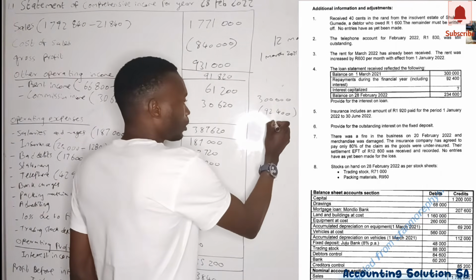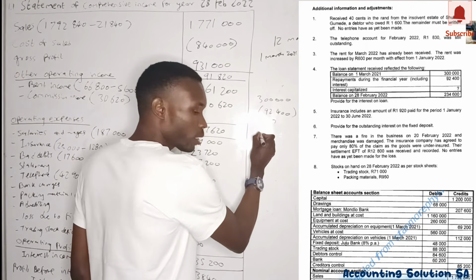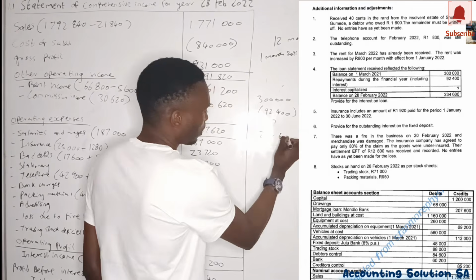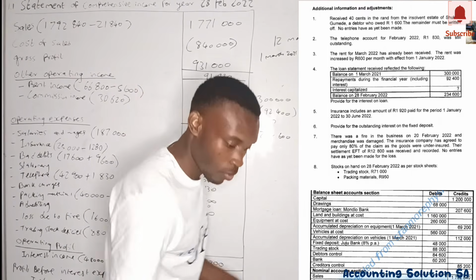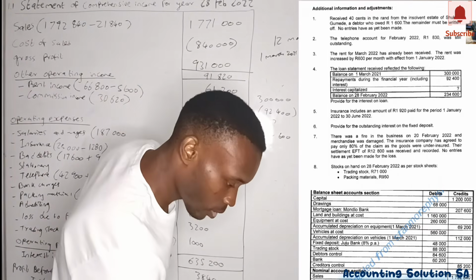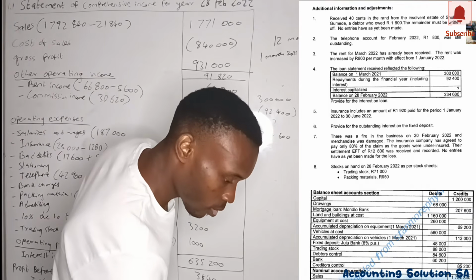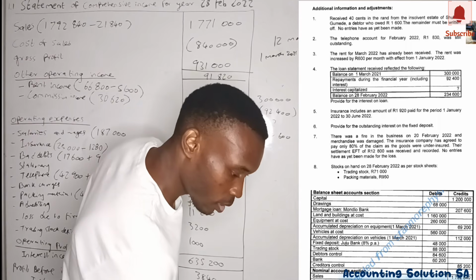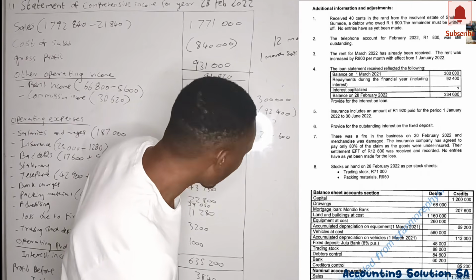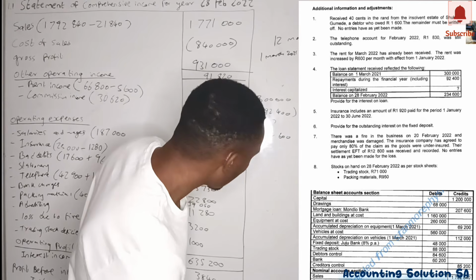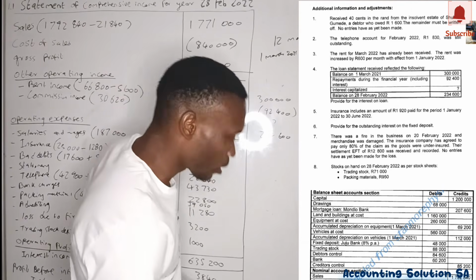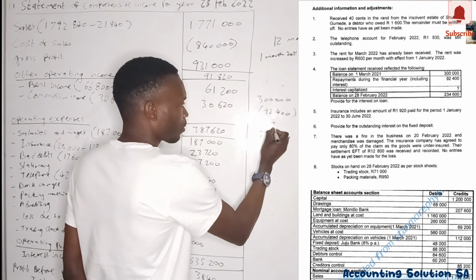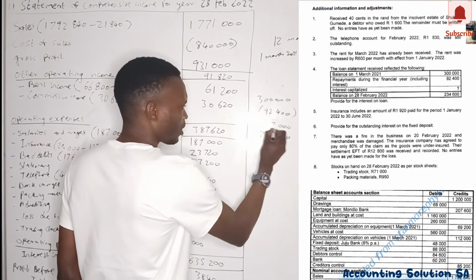Interest is here. The closing balance is 234,600. Simply, we are going to say on our calculator 300,000 minus 92,400, then we minus 234,600, then it's going to give us 27,000. 27,000 is interest.